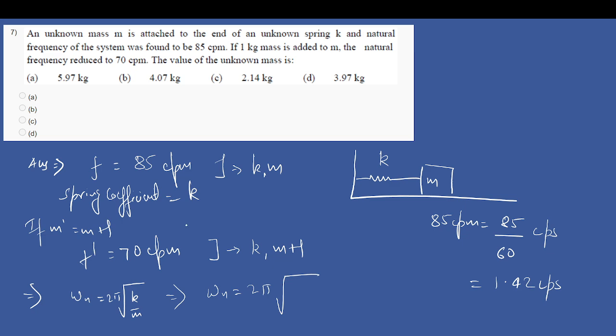So f and f dash. Your f is given by, okay, let me take a new slide.